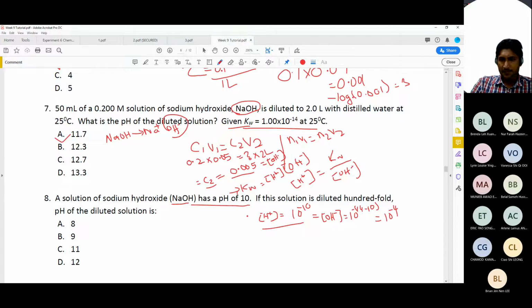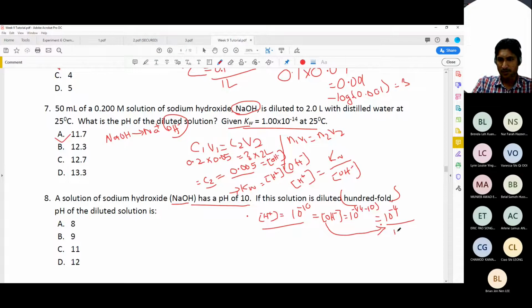After we have diluted it 100-fold, now we will be diluting the hydroxyl ion concentration we already found. The 100-fold means we divide the concentration, not the pH.